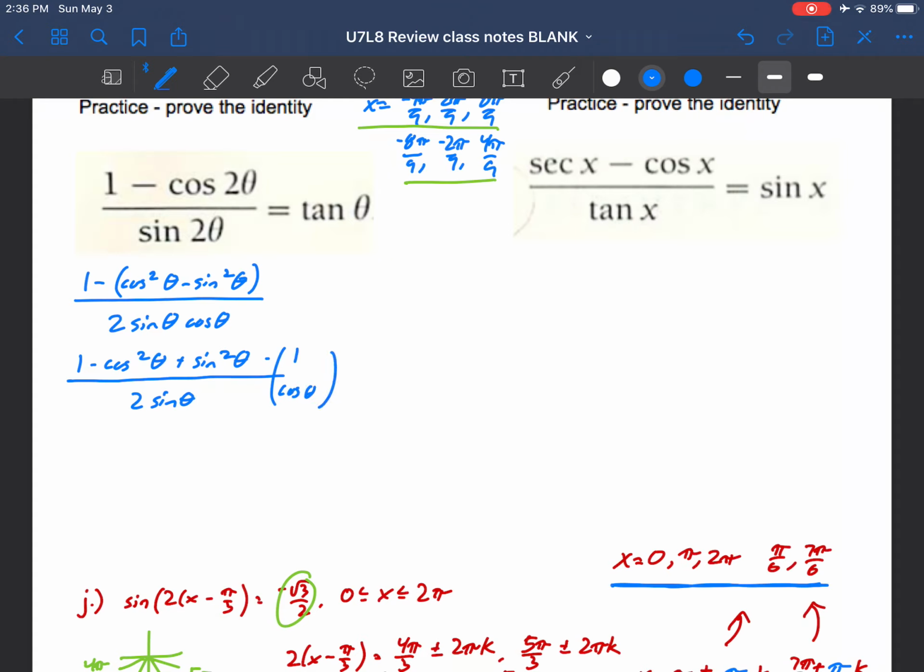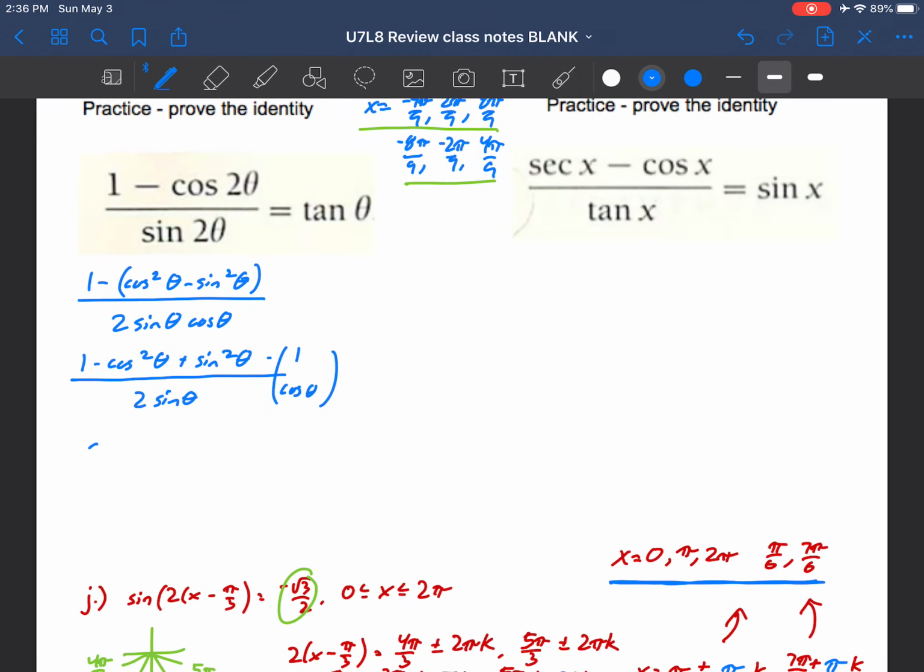I don't know if I need to do that. But, all right, well, look at this. 1 minus cosine squared, that's sine squared. So sine squared plus sine squared, that's going to equal sine squared theta plus sine squared theta over 2 sine theta, times 1 over cos theta.